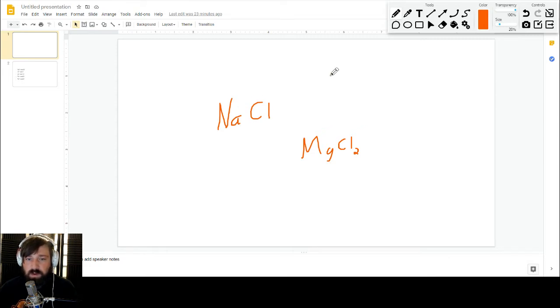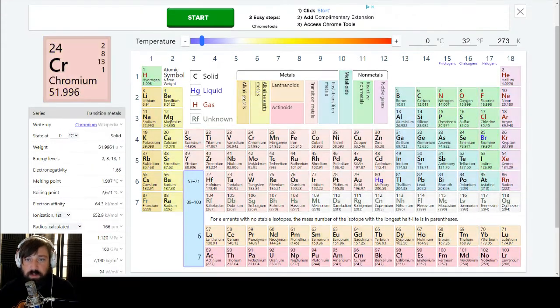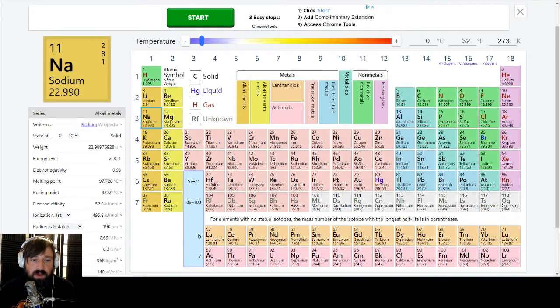For sodium and chloride, sodium is going to be a positive ion, and chlorine is going to be a negative anion. And it's going to be 1 and 1, because sodium makes a 1 plus charge, and chlorine makes a 1 minus charge. And if you're confused on what kind of charges they make, you can always go back to the periodic table.